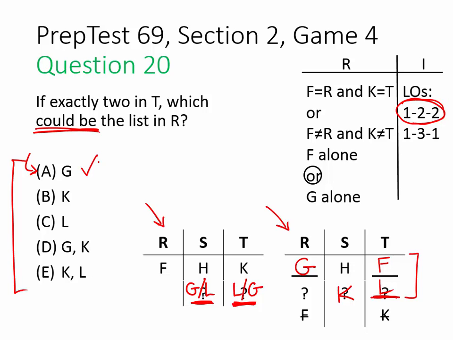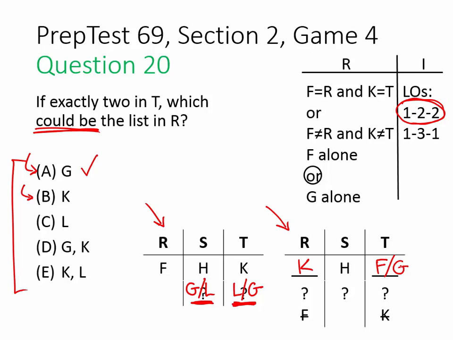So let's go ahead and put a check mark next to it. But that's not quite good enough. Let's go ahead and prove why all the rest of them don't work. So answer choice B. Why can't we have only a K over here? Well, let me erase everything. If we have a K over here alone, then what that means is that we have to place F, G, and L. We need one of F or G to be alone, so we might as well place it right over there.